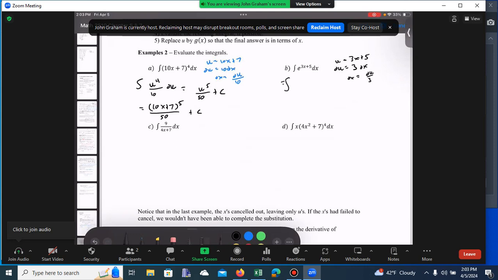It's going to be e to the u, du, that's over 3. Take the antiderivative. That's going to be 1/3 e^u plus c. And now we can substitute in what we have for u: 1/3 e to the 3x plus 5 plus c.